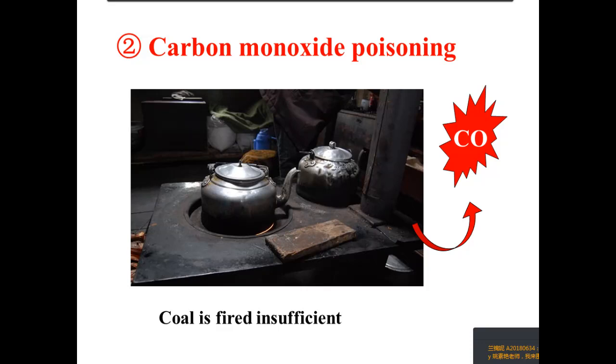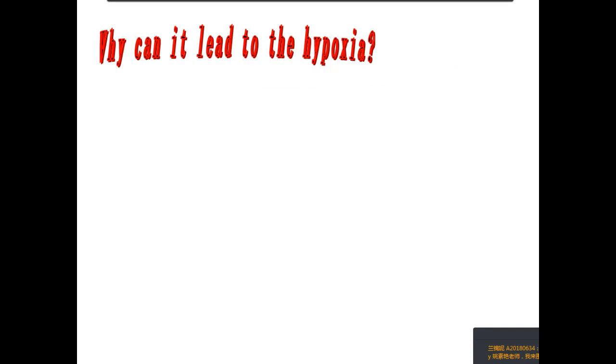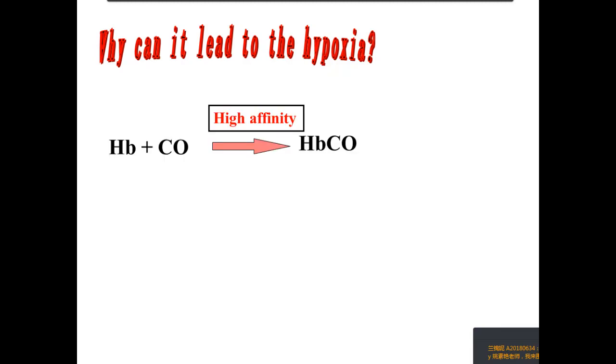In the blood, carbon monoxide can combine with hemoglobin and form carboxyhemoglobin. Carboxyhemoglobin can't carry oxygen, so oxygen supply decreases and hypoxia happens. The affinity of hemoglobin for carbon monoxide is much more than for oxygen, maybe 210 times.